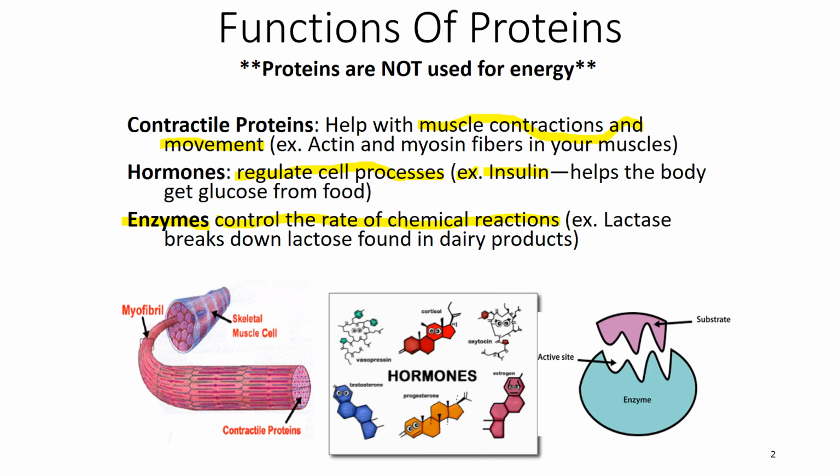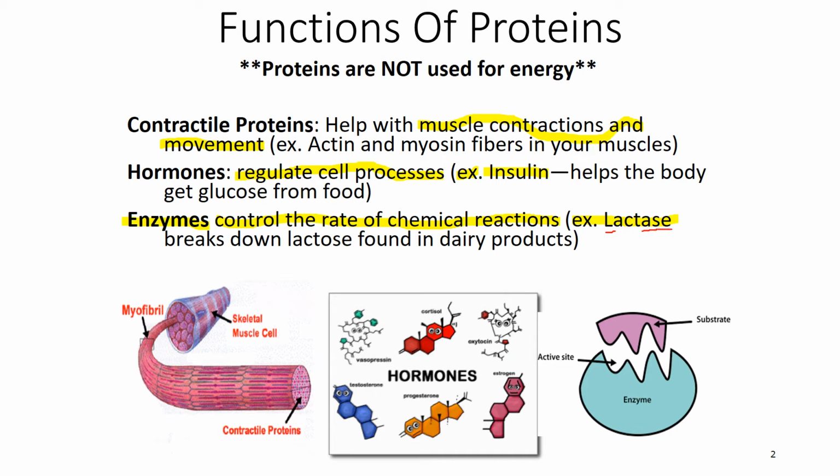One of our favorite ones to talk about is lactase. Lactase is an enzyme that breaks down lactose, which is the sugar in milk. So if you've ever heard of people who are lactose intolerant, their body doesn't produce lactase. Notice that this ends in ASE.